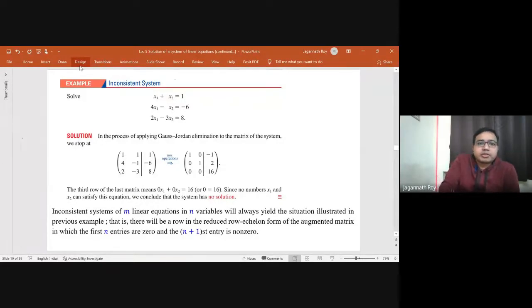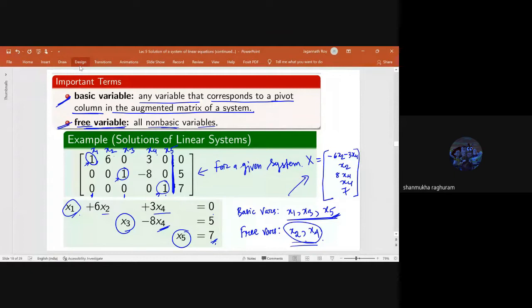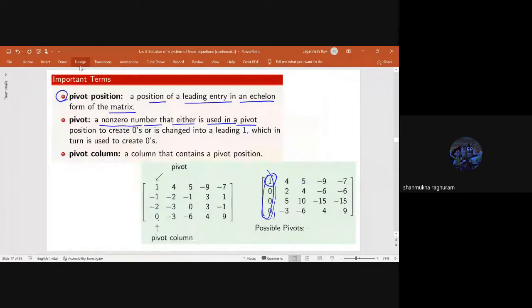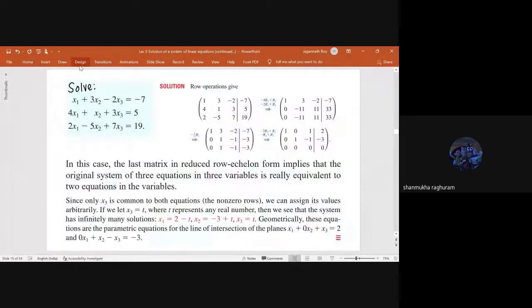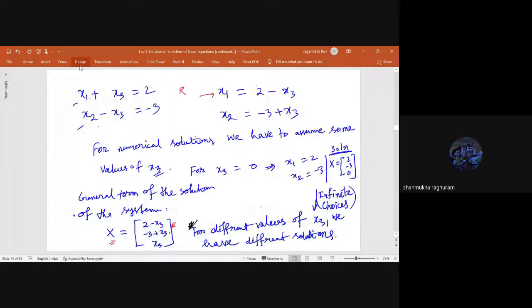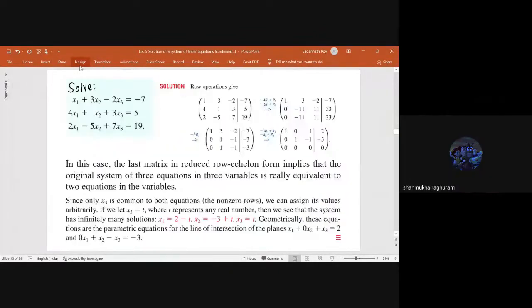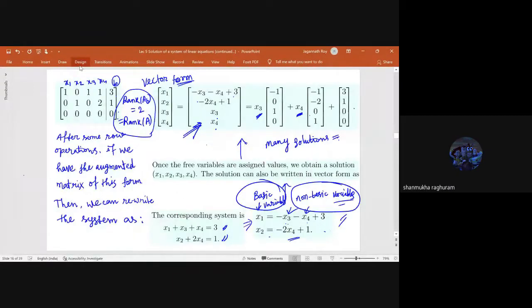Now we have the inconsistent solution, that means no solution. Sir, just tell me, sir, once go 3 slides back, please. Yeah, here, this one. No, the previous one, sir. This one? One more. Yes, this one, sir.